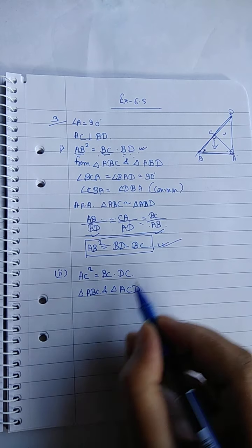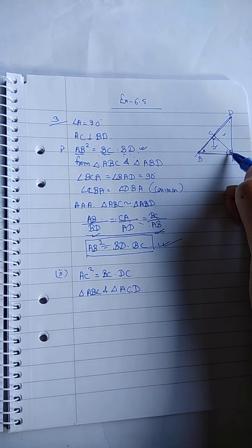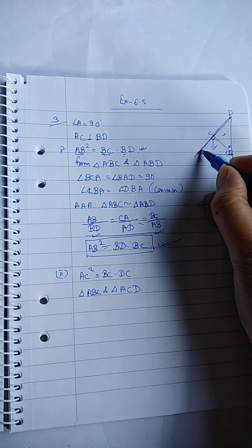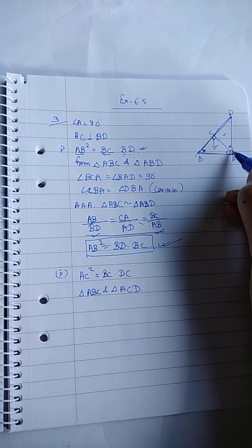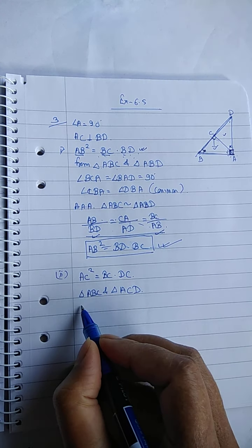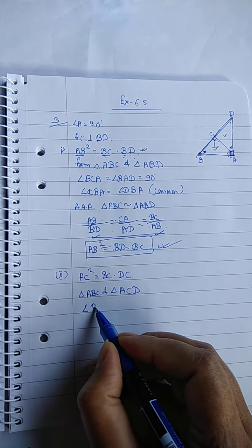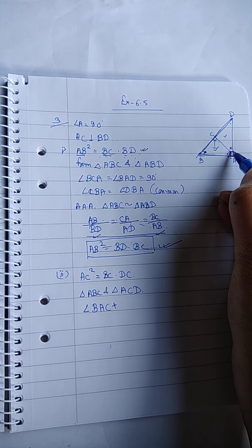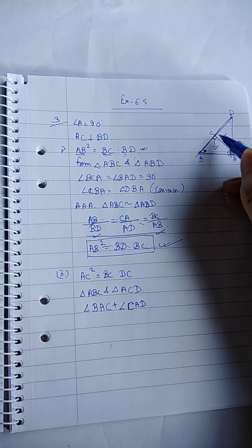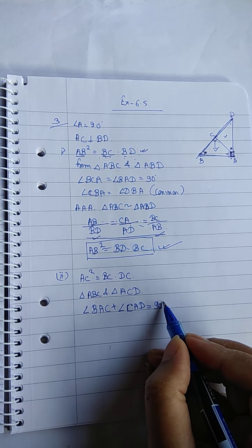For these triangles, this angle should be equal, then only we can show that these two triangles are similar. Since angle A is 90 degrees, can we write angle BAC plus angle CAD equals 90 degrees?